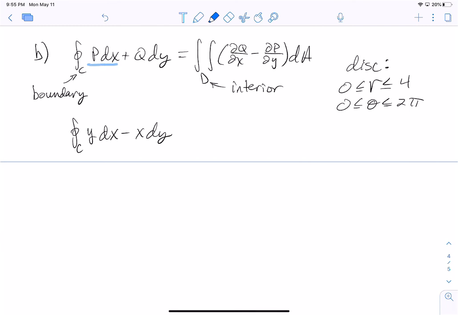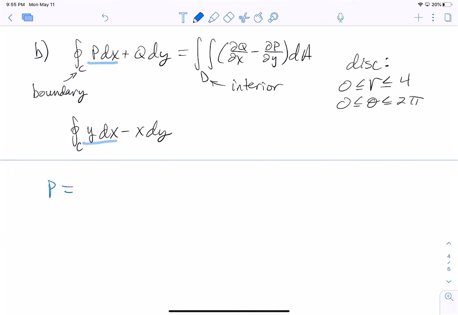P dx must then be y dx, which means that P is equal to y. Let me be a little more careful there. P(x, y) is equal to y. Back to our original integral, negative x dy is in the position that plus Q dy holds. Therefore, Q(x, y) must be negative x.